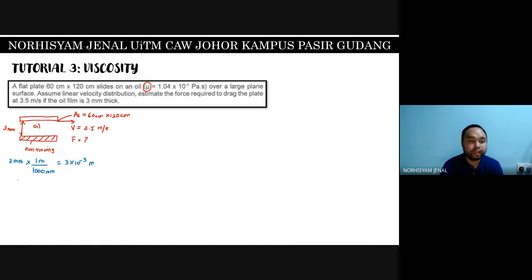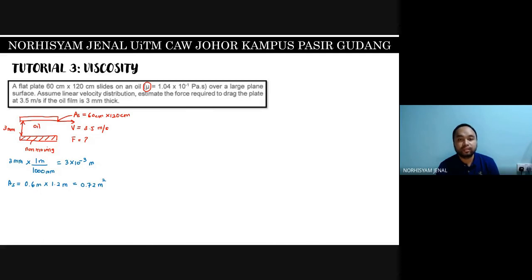And then the area of the surface is 0.6 meter times 1.2 meter, which equals 0.72 meter square. And then we have everything ready for the calculation.